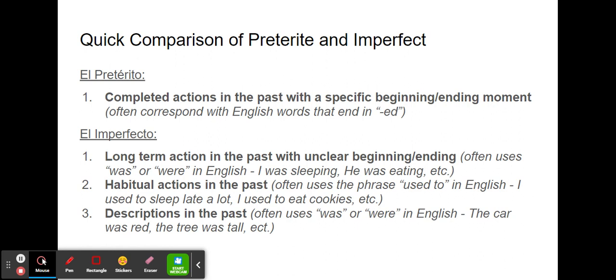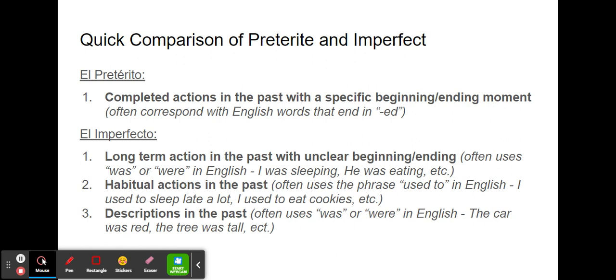Finally, I just want to give a quick comparison of el pretérito and imperfecto, and when you would use these. So as a review, number 1, for el pretérito, there's really only one usage that we need to know right now. We'll go into more detail later. El pretérito is for completed actions in the past with a specific ending and beginning moment.